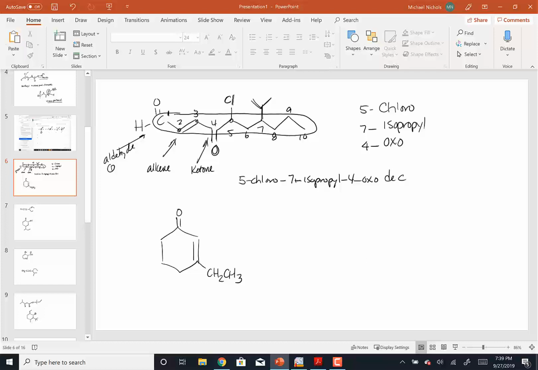Then is it an alkane, alkene, alkyne? In this case, it's got a double bond in the longest chain, so it's going to be an ene, and whenever I have an ene, I'm always going to have to put the number of the double bond in there. The double bond starts at 2. So we've got dec-2-ene. Now we put in the suffix of the highest priority group, which in this case is an aldehyde.